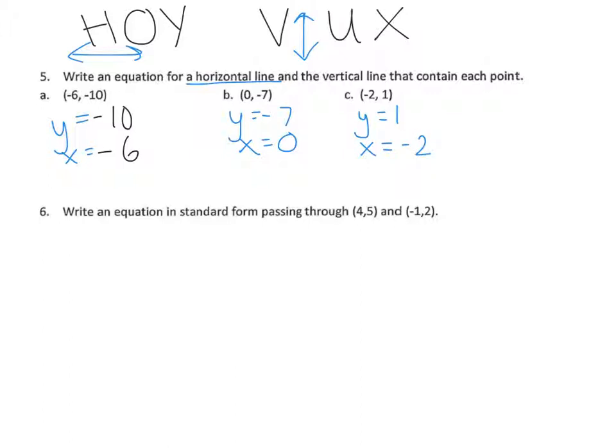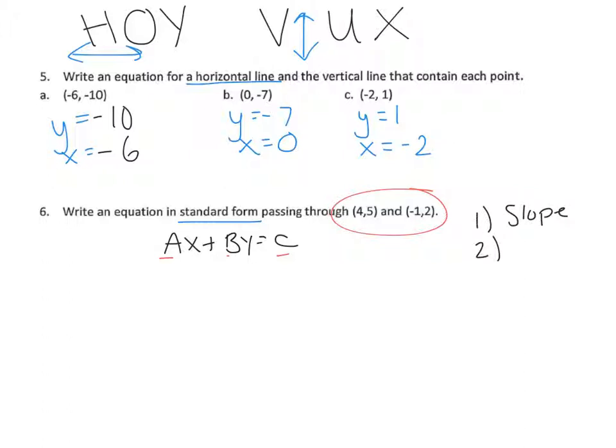And 6, write an equation in standard form, ax plus by equals c, for the line passing through these points. Remember I said that a, b, and c are nothing special. So the steps are, the first thing you have to do is find the slope.